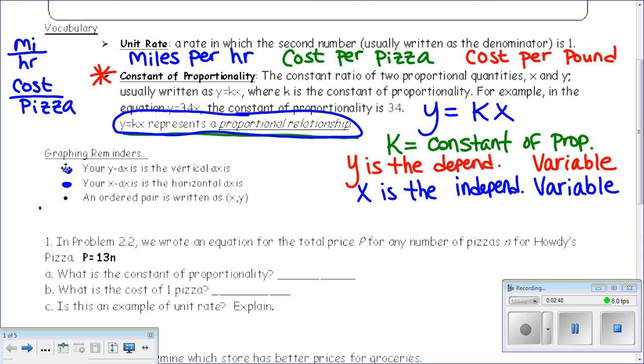It's nice and long. Y. There's our y-axis. An ordered pair is written as x, comma, y. When I ask what the coordinates of this are, it's always written as x, comma, y, whatever that dot is on your graph. Okay?